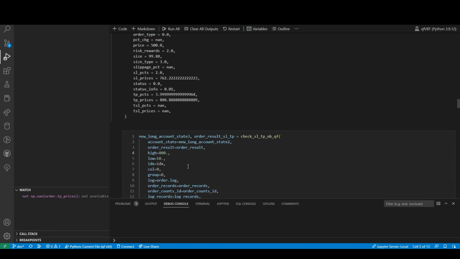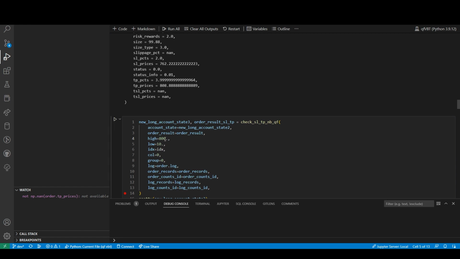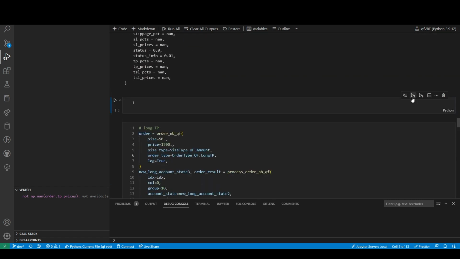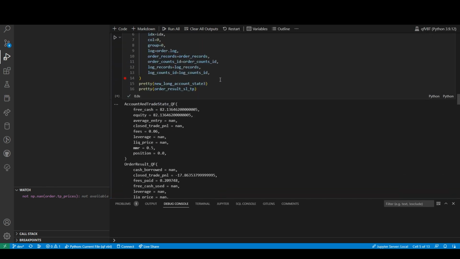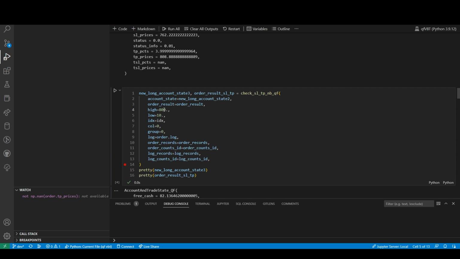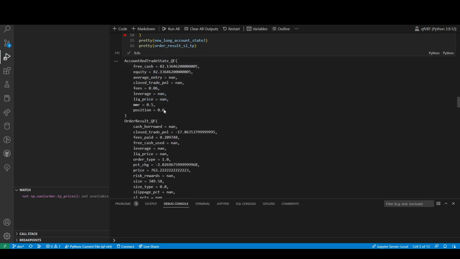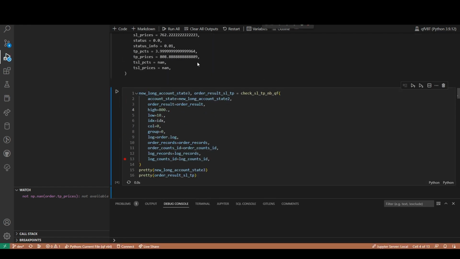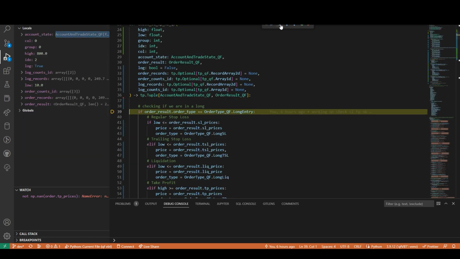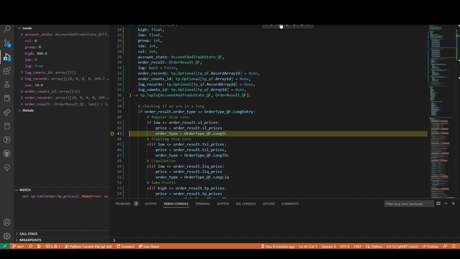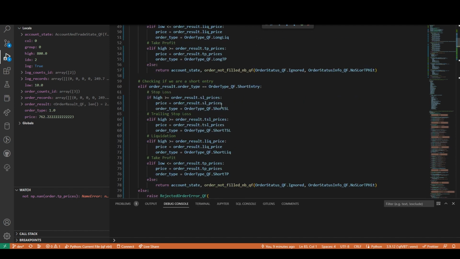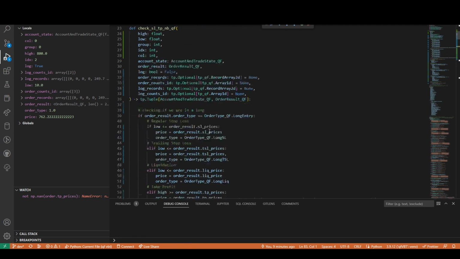Take profit prices are 808. Wait, how are we still taking profit? How are we still taking profit if this is 800? If the high is 800, how are we still taking profit? Oh my god.